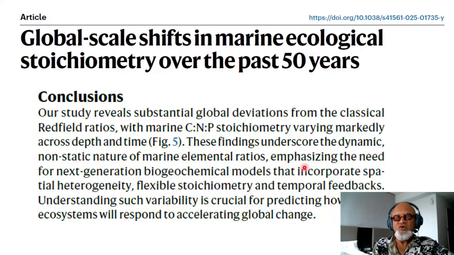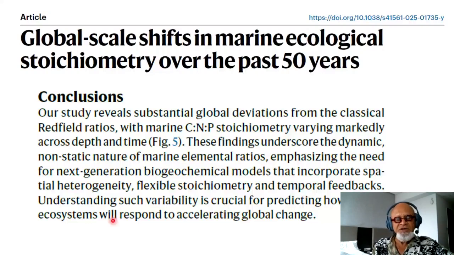These findings underscore the dynamic, non-static nature of marine elemental ratios, emphasizing the need for next-generation biogeochemical models that incorporate spatial heterogeneity, flexible stoichiometry, and temporal feedback. So models cannot just assume that they are fixed, which we often do.